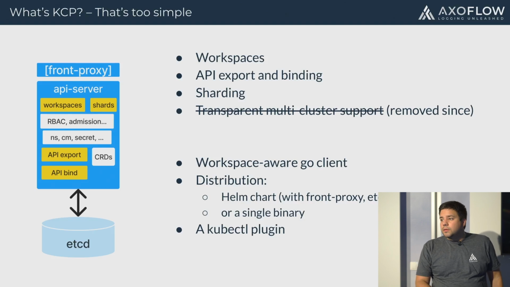But for testing or development, you can also use an all-in-one single binary. So you can issue a command like KCP start, and you will have something that's a Kubernetes compatible API. And also they have a kubectl plugin.